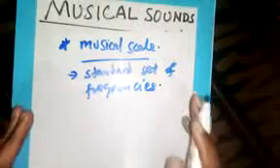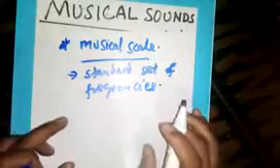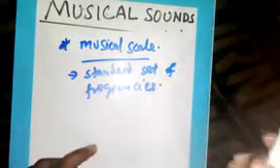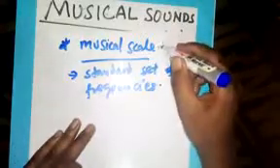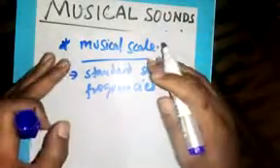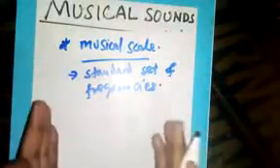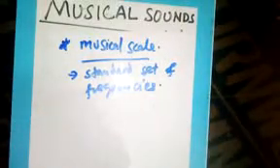That means a musical scale is the one which will tell us whether your sound must be high, low, or moderate. A musical scale tells us about the kind of voice the singer needs to sing with at a particular time, because a musical scale is the standard set of frequencies.